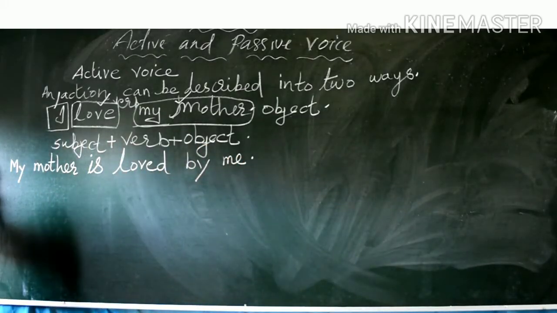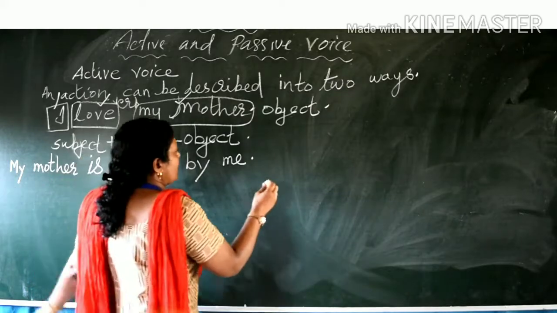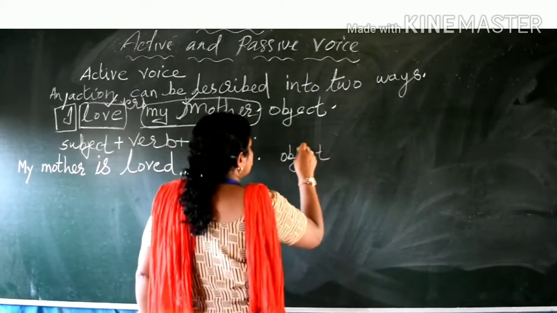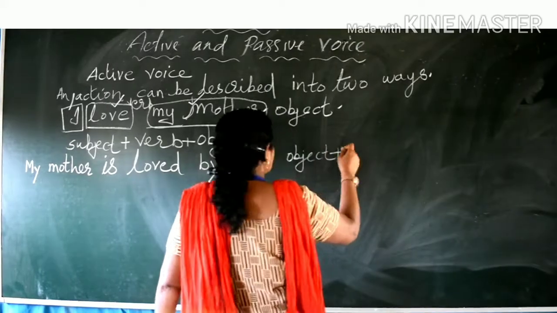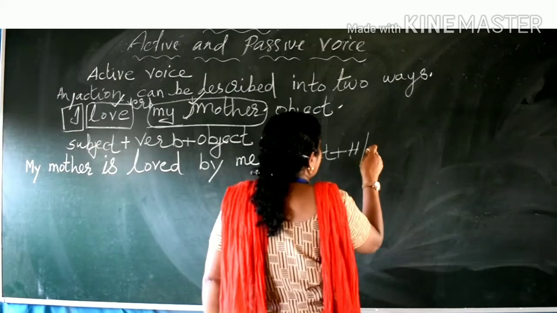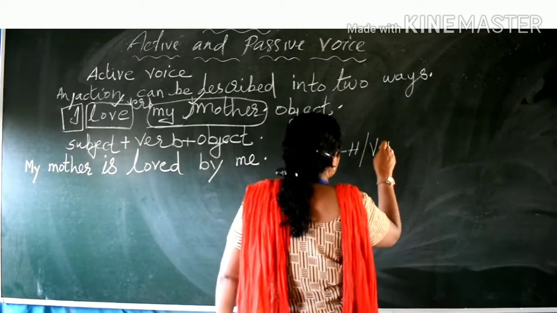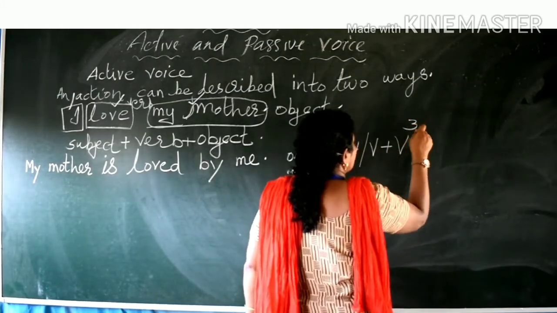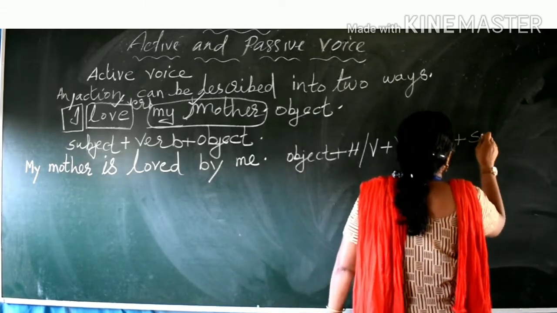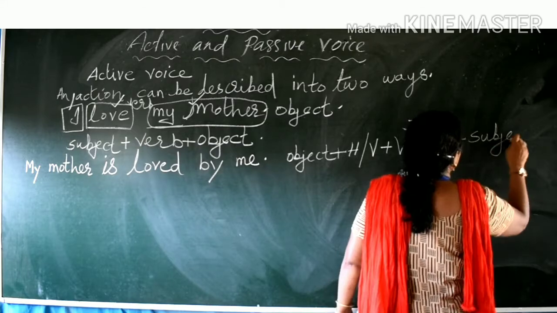Listen here. In the passive voice, the formula is object plus helping verb, that is auxiliary verb, plus V3 form of the verb plus by plus subject. This is the formula for passive voice.